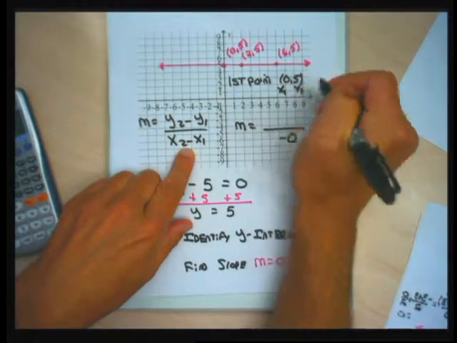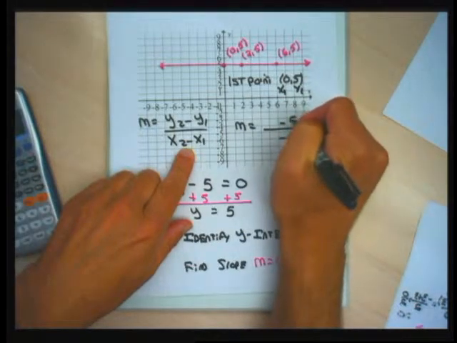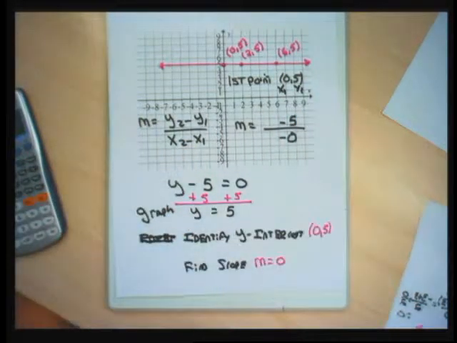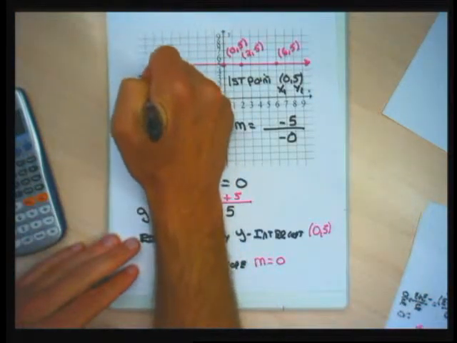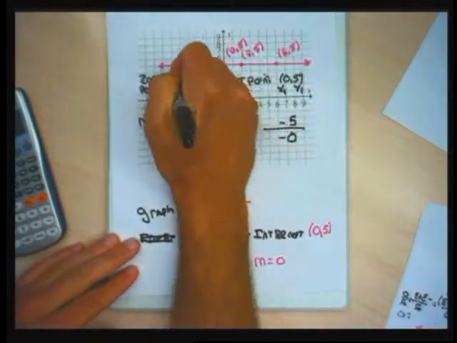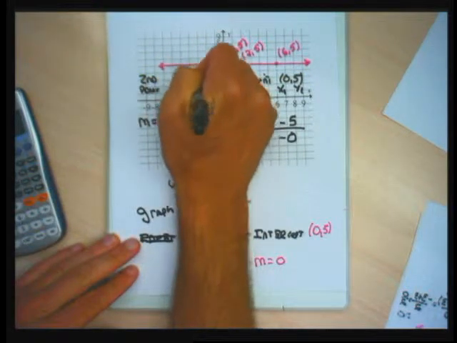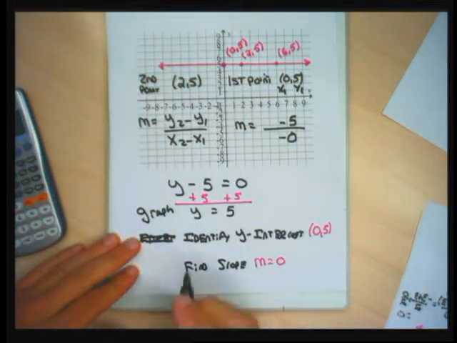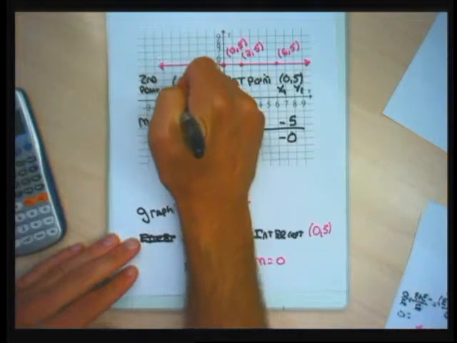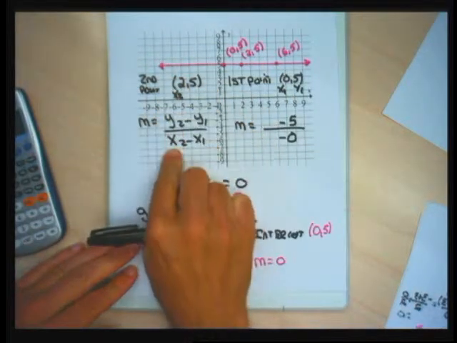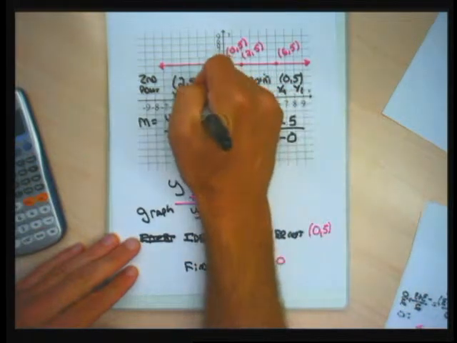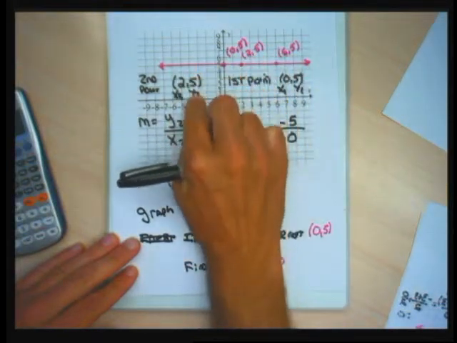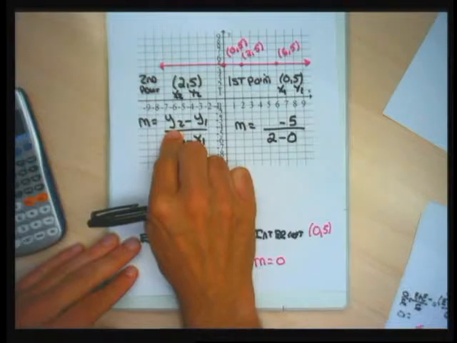The 5 is going to be a y1, and it's going to go in the numerator after the minus sign. Now I need a second point. I'm going to call my second point the point 2, 5, and its numbers go into the formula. My x2 is the x-coordinate of the second point. It belongs in the denominator. My y2, the y-coordinate of the second point, belongs in the numerator to the left of the minus sign.